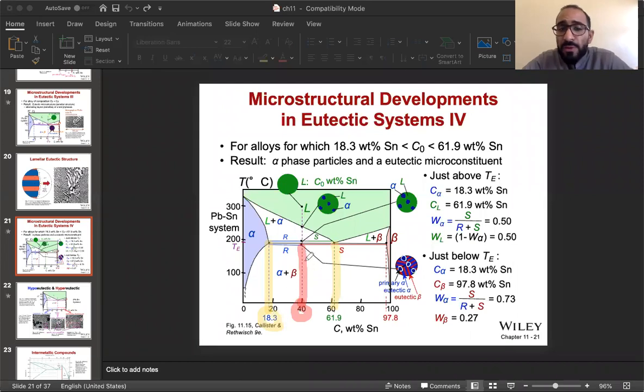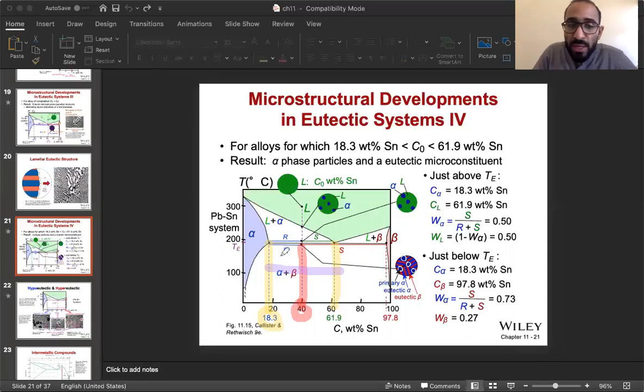If you do the lever rule between this line and this line, you're making the lever rule between the eutectic region and the alpha region. That means you can find the fraction of the eutectic, meaning the whole lamellar structure, and the fraction of the primary alpha.